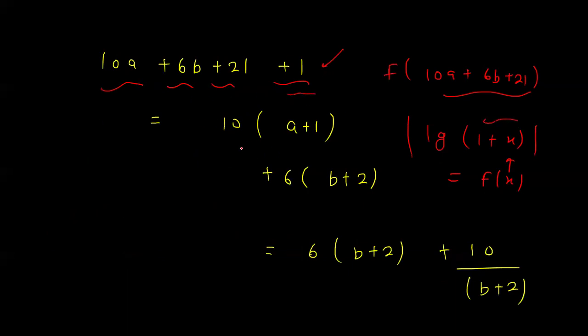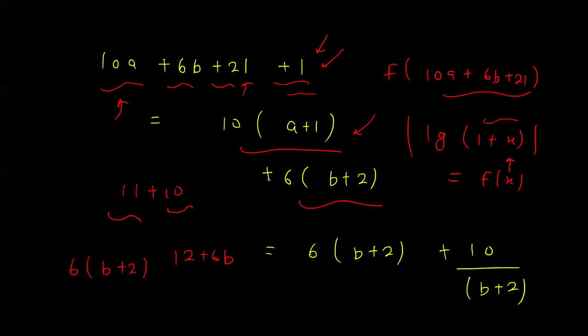Then you can split 21 into 11 plus 10, and this 10 you can combine with this. So 10 you will take common, then it will become like this, and this 11 and this will become 12, and 12 plus 6b, so 6 common, then it will become b plus 2.